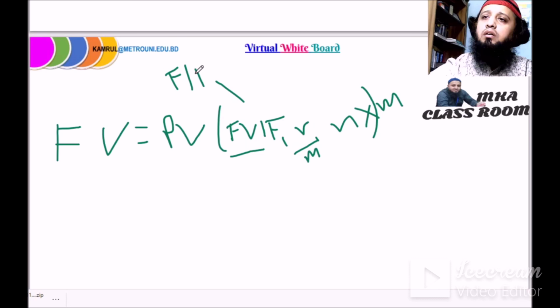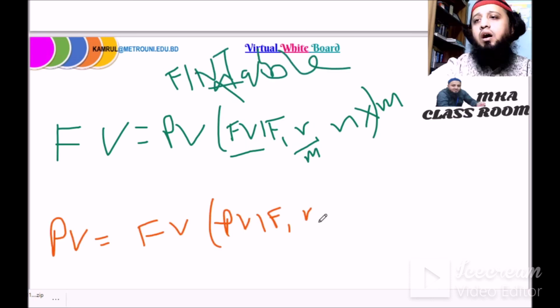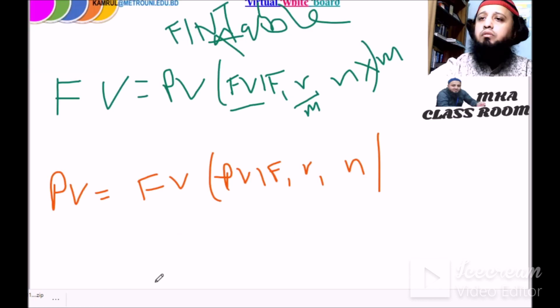In the same way, present value equals future value times PVIF at R, N. We know the formula very well, but whenever we are talking about more frequent compounding than once a year, R should be divided by m and n should be multiplied by m.